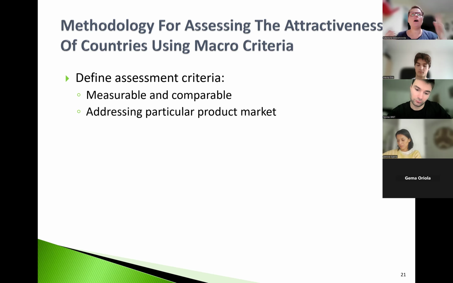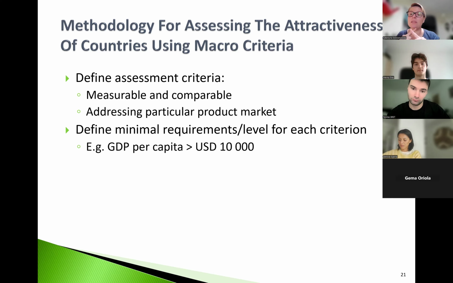When you say, oh, we want to have a country with a big population, what makes big? 1 billion? 1 million? 50 million, right? You have to be precise. So once you have it, you define what is the minimum requirement. For example, you say, oh, we want to target people who are relatively affluent. So then you say, how much do they have to make per year?